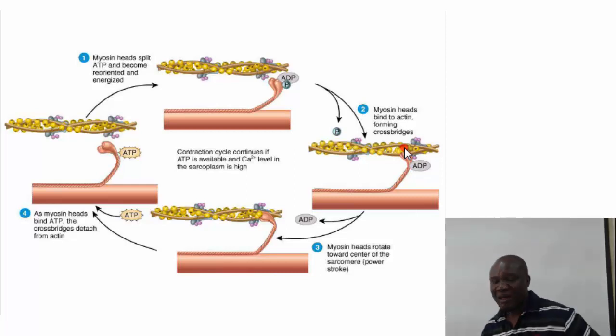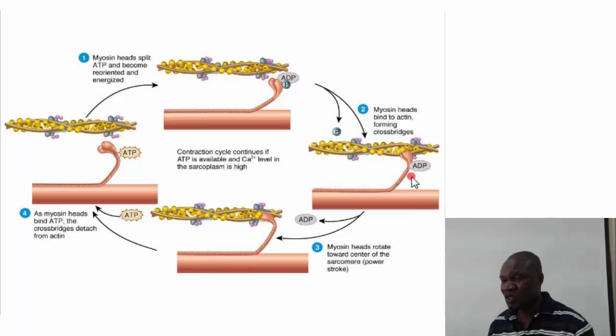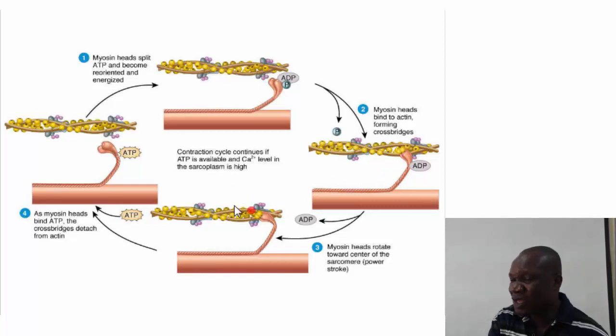Now when the myosin head binds to the actin, the inorganic phosphate is released, and this triggers what we call the power stroke. On the power stroke, the head of the myosin rotates and pulls the thin filament across the thick filament.